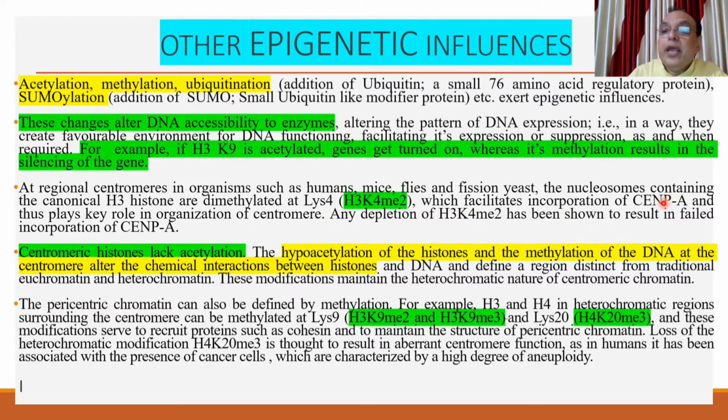So CENP-A was having an epigenetic influence on the development of the centromere, and since H3K4me2 is facilitating CENP-A, it is facilitating that epigenetic influence. The epigenetic influence that we see apparently is the attachment of CENP-A, but this attachment is being facilitated by H3K4me2.